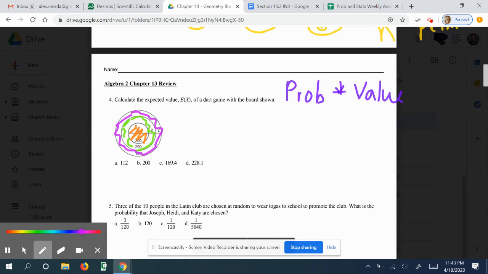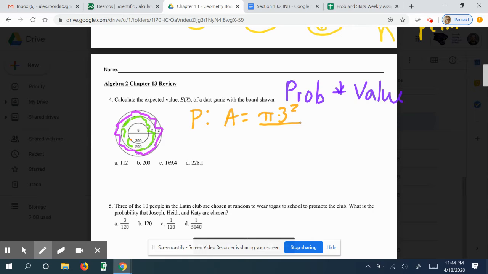All right, so orange. Probability of orange. First the area of that is, and I'm going to erase so we can see, I see that the diameter is 6, so my radius is going to be 3. So the area of this is going to be pi times 3 squared divided by the area of the whole thing.